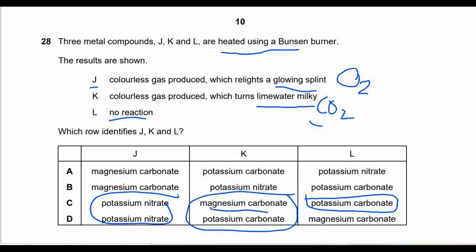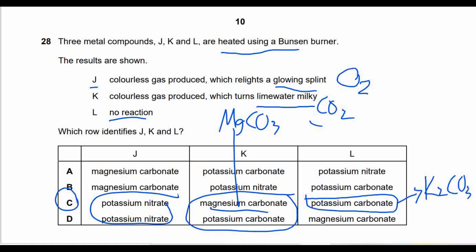Potassium is from group 1. Its carbonate is more stable, so it's hard to decompose even at high temperature, while magnesium is from group 2, easily decomposing to form carbon dioxide. So that's something to remember. So 28 is C, and we call potassium carbonate a thermostable compound.